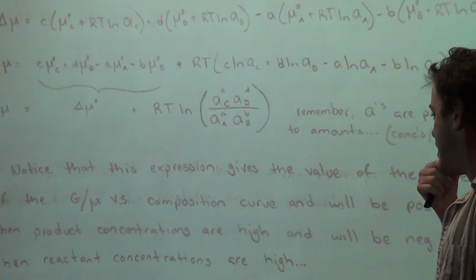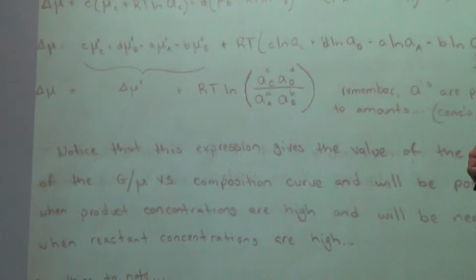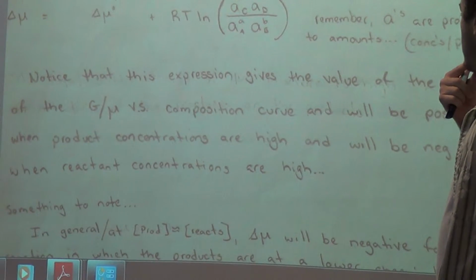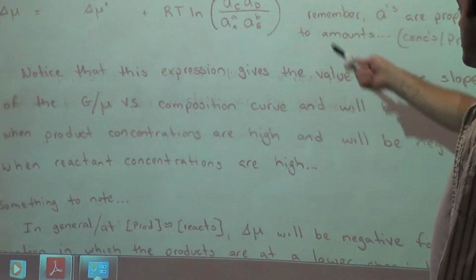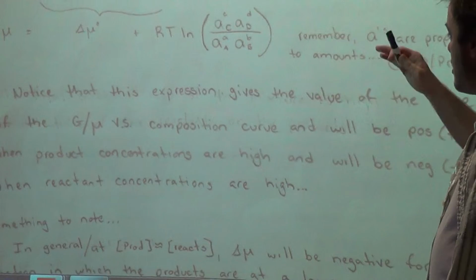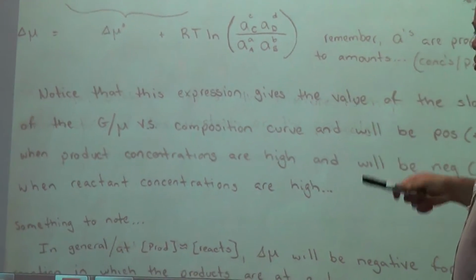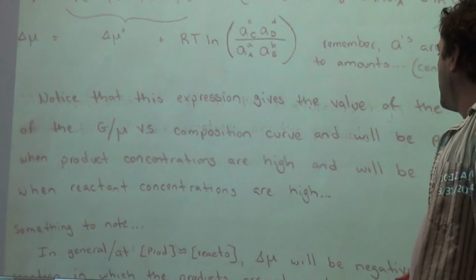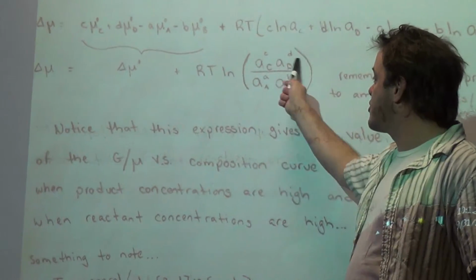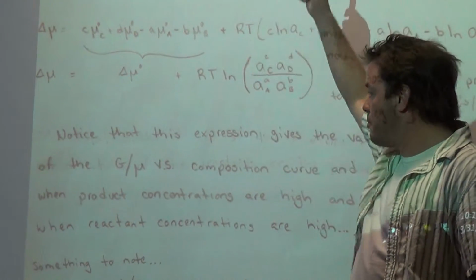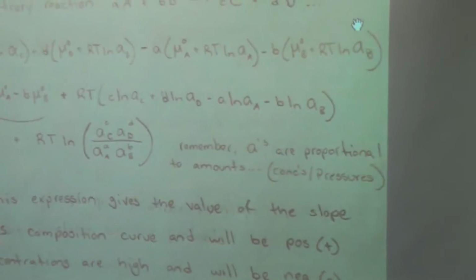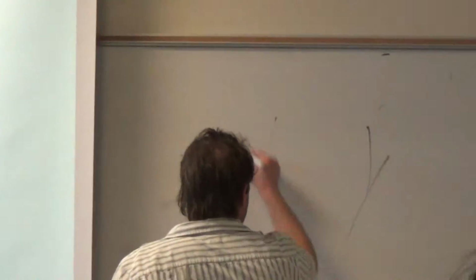I think that's all I want to say about that. This expression relates to that curve that we just showed you a second ago, the chemical potential versus composition curve and the slopes of that curve. We know that if the concentrations of the products are high, then it puts the value of delta mu towards positive. And so then we're on this side of that mu versus composition curve.